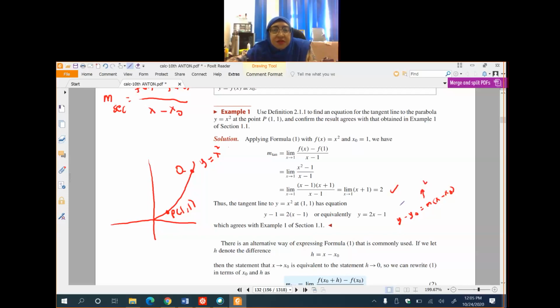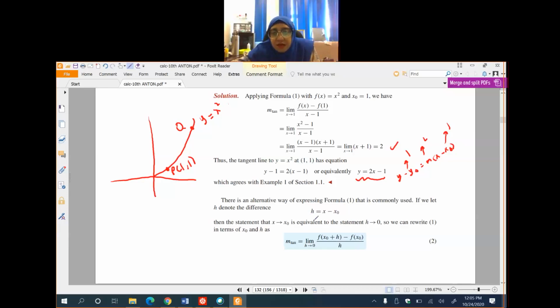Y naught is equal to 1, and x naught is also equal to 1. Once you substitute, you get y minus 1 equal to 2 multiplied by x minus 1. After you simplify and make y the subject, you get y equal to 2x minus 1. So this is the equation of the tangent line. That's it. It's not difficult.